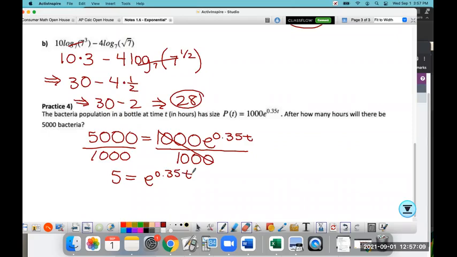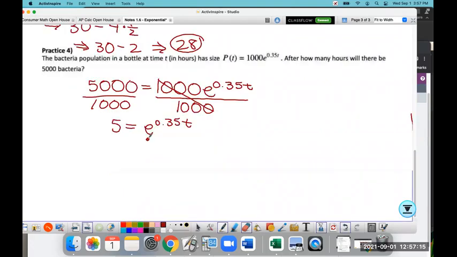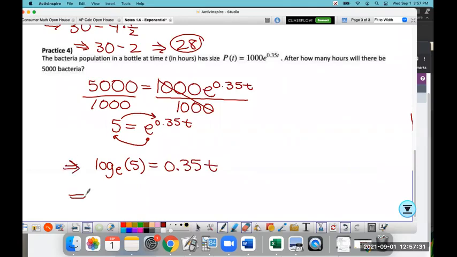Now I can go ahead and put that into log form. All right, so that would be log base e of 5 equals 0.35t. Okay, so really that's natural log of 5 equals 0.35t.